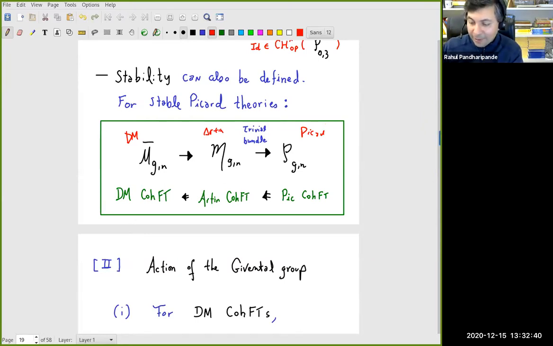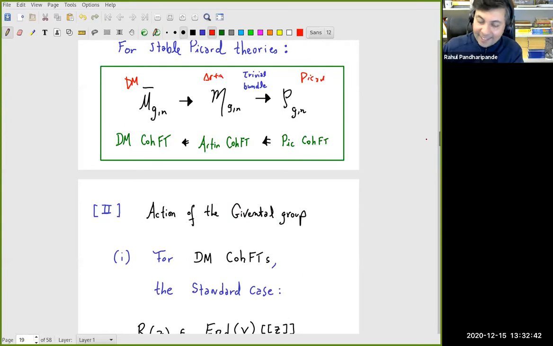So that's the notion of this Givental group action, and the classification in some sense is what gives this language some teeth. And if we don't have it for this Picard CohFT, then maybe it's not really so worth studying them. But I'm proposing that we do have that there.